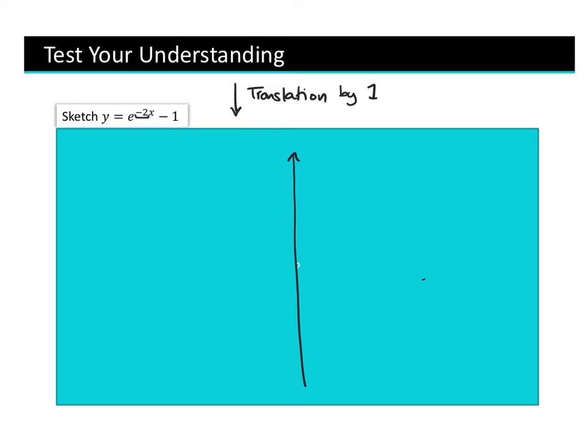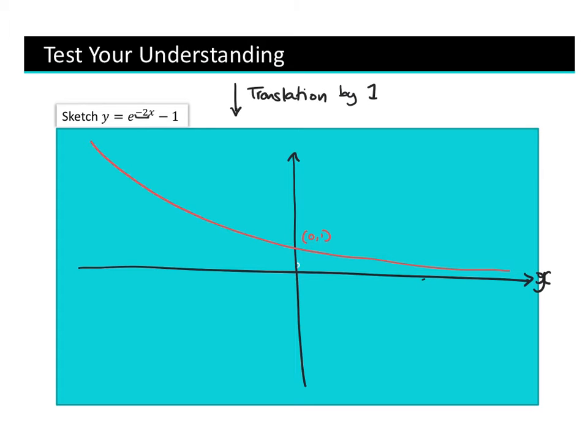So if I was to draw this all in one go, if I split it up into 2, y equals e to the power of minus 2x is going to look like this. And we are going to cross at the point 0, 1, and we have our asymptote.